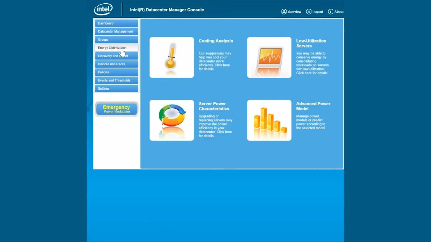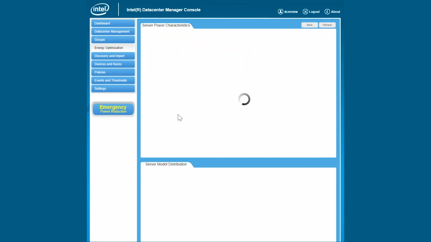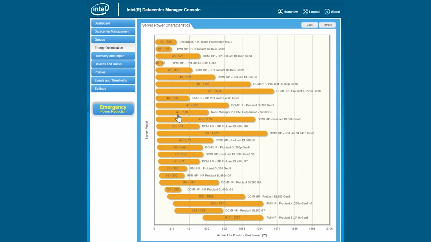Another capability here in the energy optimization is the server power characteristics. This is a tool that can help data center managers with planning the power consumption of future landings. So here we analyze every model of server that we have in the environment to show what is the expected power consumption in peak power for this model of device.